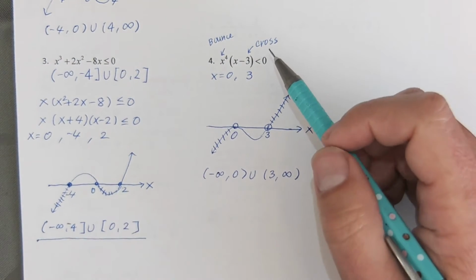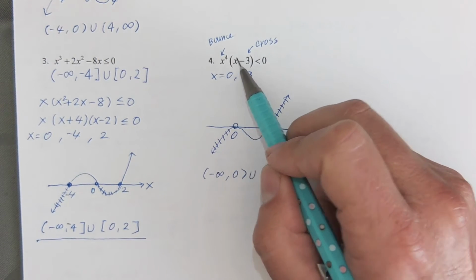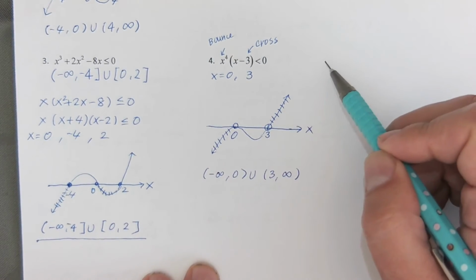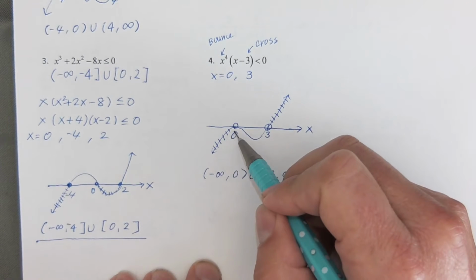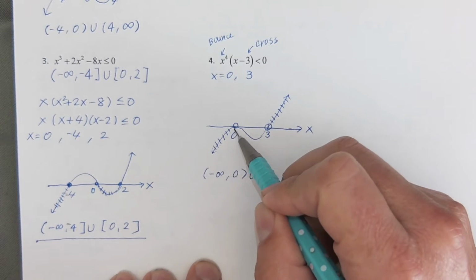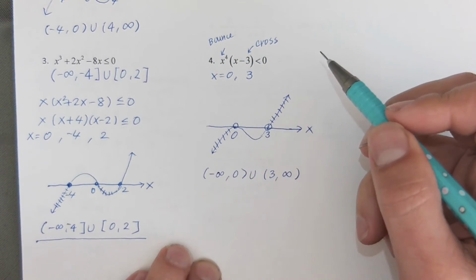Our fourth one here is going to be a fifth degree polynomial. So again, it's going to have the same general shape. It starts down, ends up. But because it's x to the fourth, we're going to bounce off of the x-axis. Notice we don't have an equal symbol, so it's going to bounce off, and then it's just going to simply cross at x equals 3. Here's our critical values here.